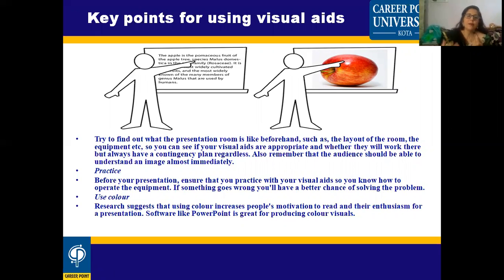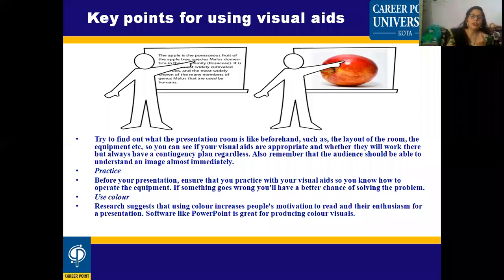And if you have some previous knowledge regarding apple, you can correlate everything and understand it immediately as soon as the person speaks and elaborates certain things about apple. So you can see the impact that may be created through the visual that you use in your presentation.